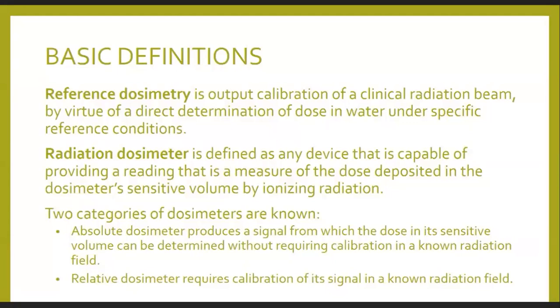And a relative dosimeter is one that requires calibration of its signal in a known radiation field, like the calibrated chamber that is used in these protocols, such as Farmer and parallel plate chambers.